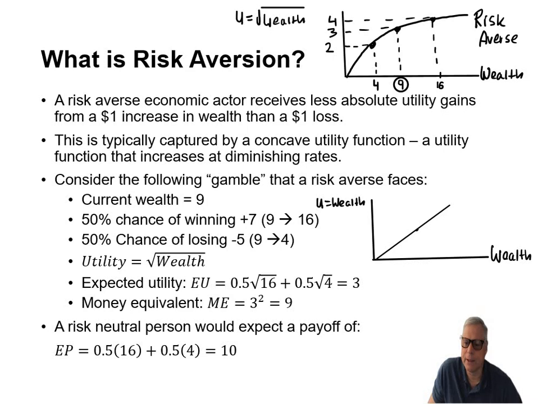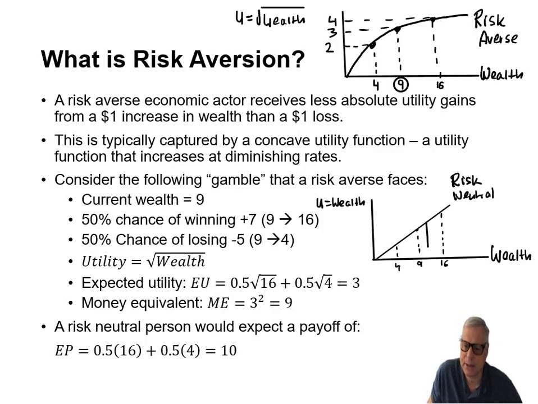Okay, so then if the current wealth is 9, and it could go up with a probability of 50% to 16, or with a probability of 50% down to 4, then the risk neutral individual expects with a probability of 50% 16, that's 8, plus with a probability of 50% 4, that's 2, so 8 plus 2, that's 10.